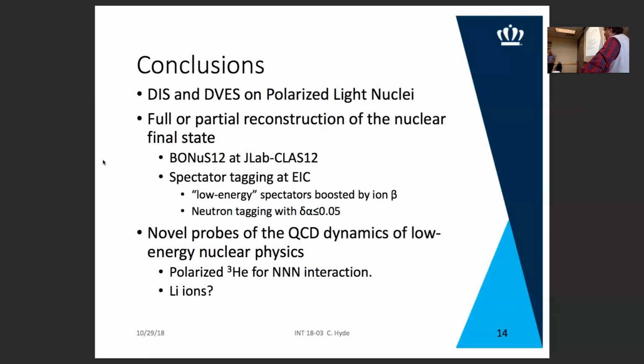Polarized lithium-6 has the same challenges as polarized deuterium. Lithium-7 is better from polarization, for EMC. With lithium-6 you can do the tensor polarization. I'm not favoring one or the other, I'm just saying they're both in the mix.